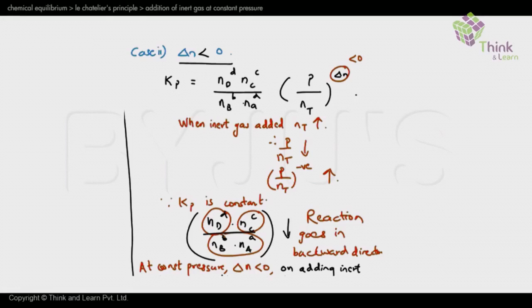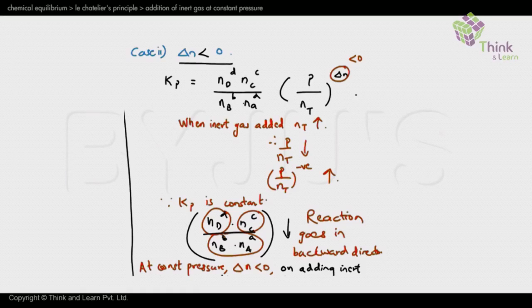So effectively in both cases the reaction goes in the backward direction. So at constant pressure, if delta N is less than 0 and inert gas is added, then the reaction goes in the backward direction.